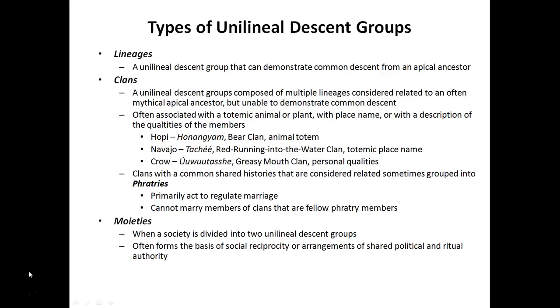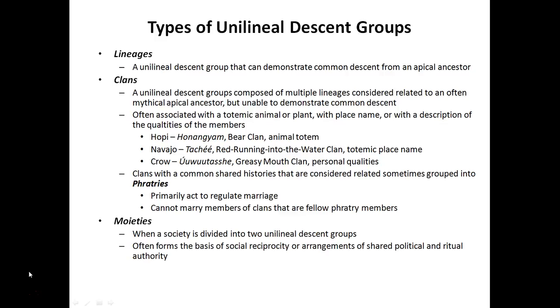These moieties often form a basis of social reciprocity, or arrangements of shared political and ritual authority. So in these Native American groups of the Upper Rio Grande, New Mexico, during the winter season, the chief of the winter moiety is the leader of the community. And then, as they shift to the summer season, the leader of the summer moiety becomes the leader of the community.